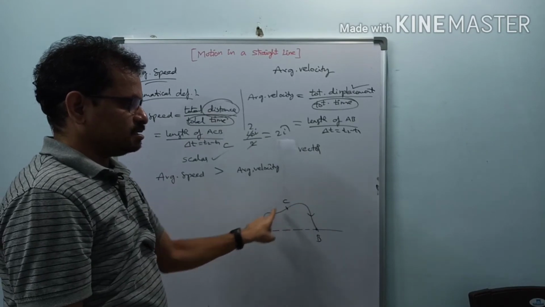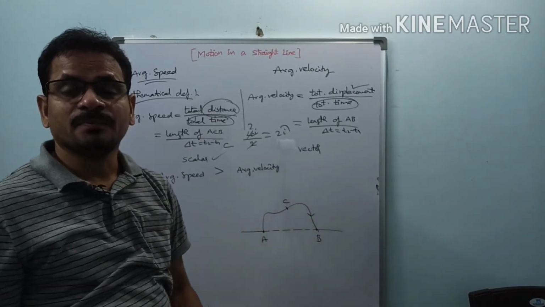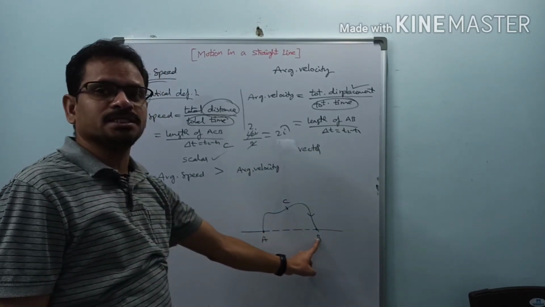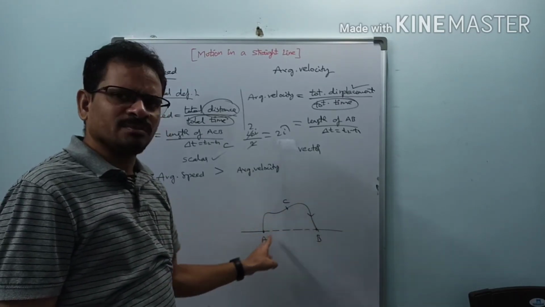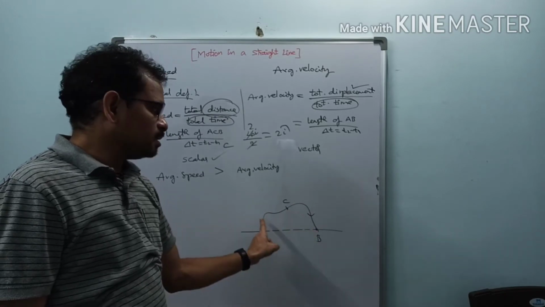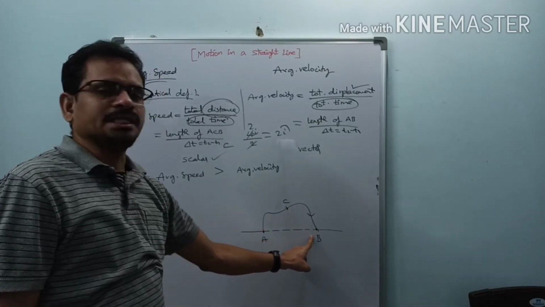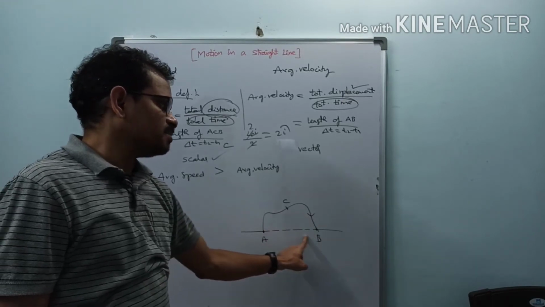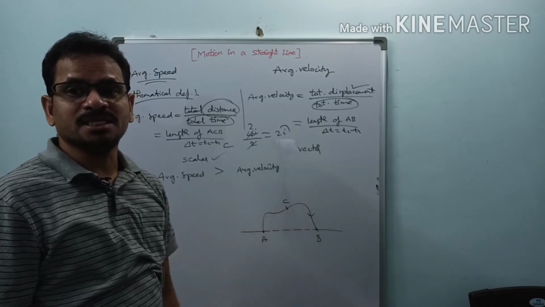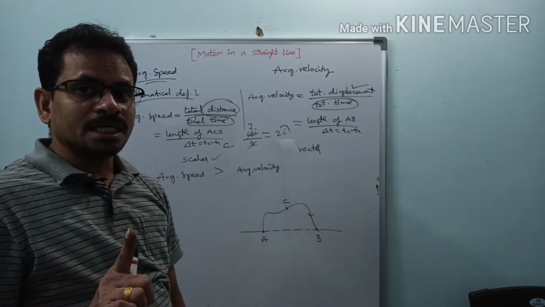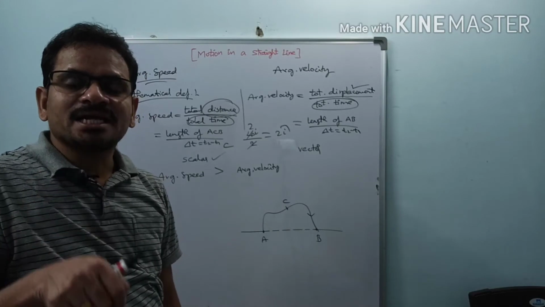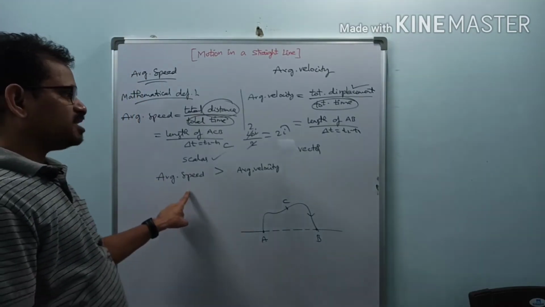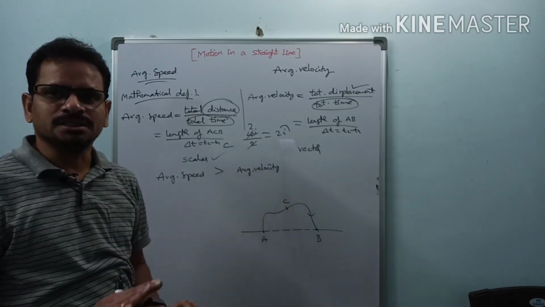Here distance is greater than displacement. If the particle does not move along a straight line from initial to final points, and if it goes along some other path, the path length is always greater than the straight path length. This is distance and this is displacement. So always distance is greater than displacement. If the particle does not move along the straight line joining the initial point and final point, then average speed is always greater than average velocity.